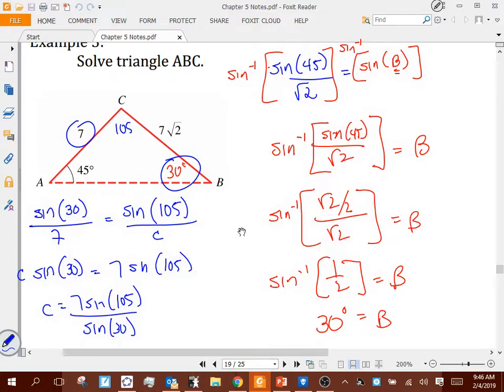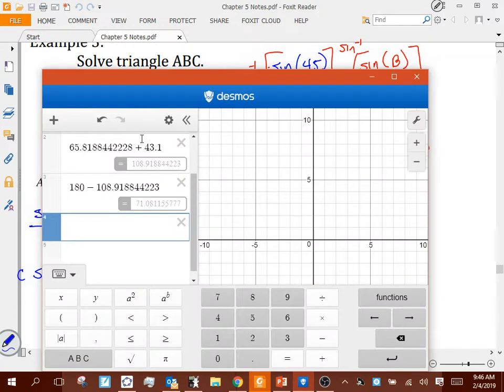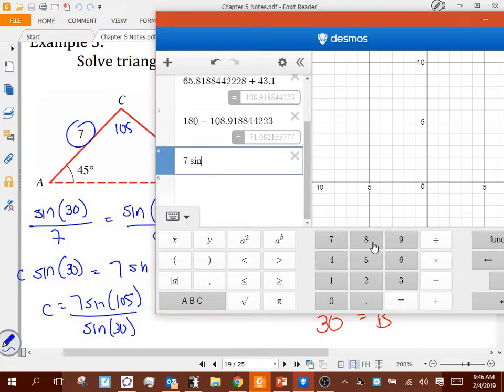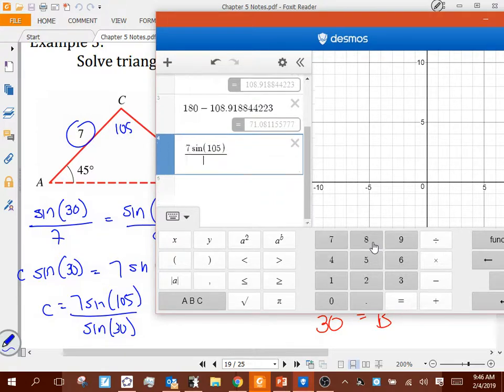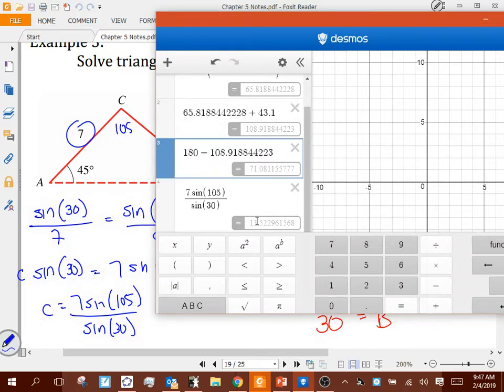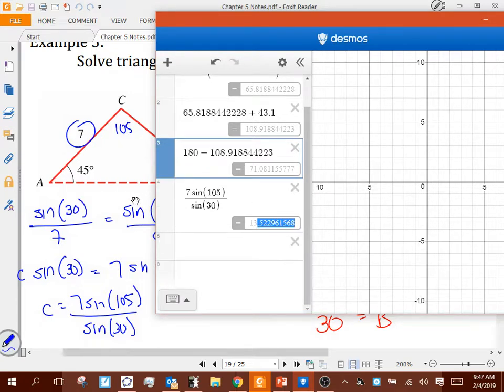It's probably another one of those, radical 6 minus radical 2 over 4 or something like that. So in that case, when I don't have a multiple of 30, 60, or 45, I'm going to grab my calculator. So finding c would be 7 sine of 105 divided by sine of 30. 13.52. 13.52 would be that side there.